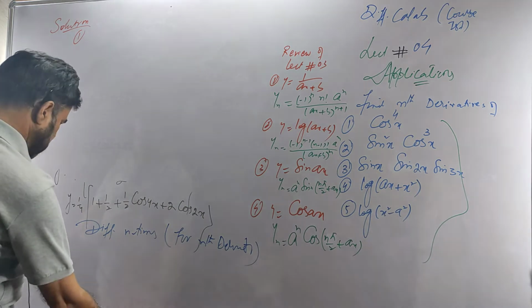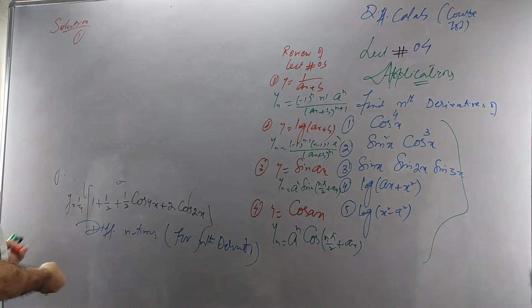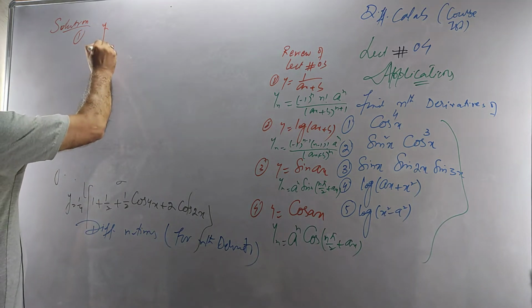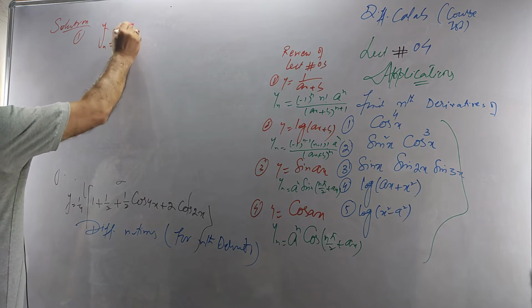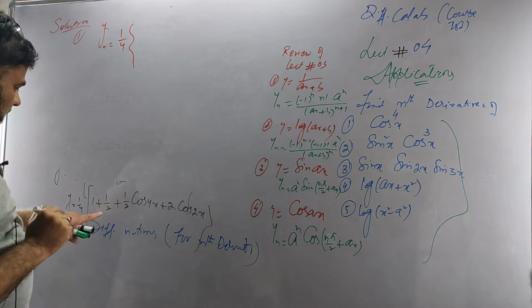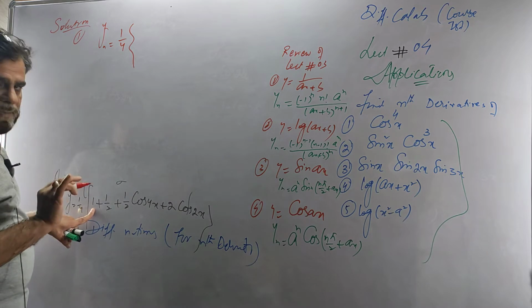Accordingly, the nth derivative of this is yn. yn is equal to 1 by 4, which is a multiple constant, and it will remain. Now here 1 is an additive constant and disappears in differentiation.